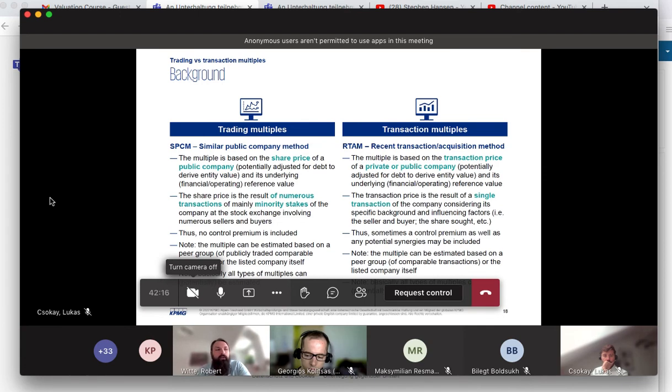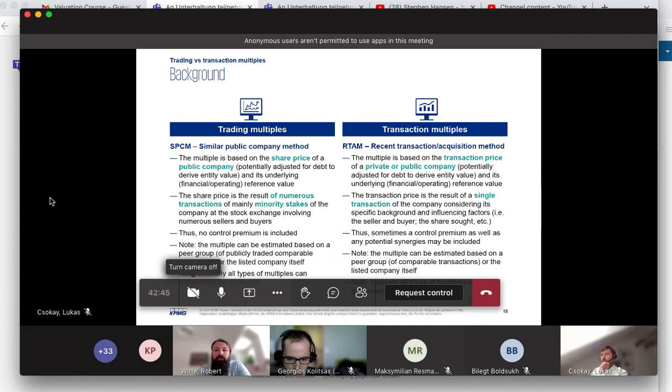Maybe there's a certain premium for having control over the company, because once you buy 100% of the company, you can actually control it. You can fire management. You can say that the company should go in a different strategic direction and so forth. So maybe you see that there's a certain price premium paid for having control.